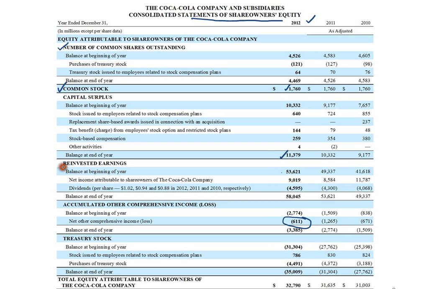So here's common stock, here's reinvested earnings, here's AOCI, and here's treasury stock. We're going to learn about this in chapter 15. You've learned about it already in intro. And right now we're learning about AOCI because some of these AOCI components are pension. But here we have our beginning and our ending balance, the 2774 and the 3385. And here is OCI, net other comprehensive income.